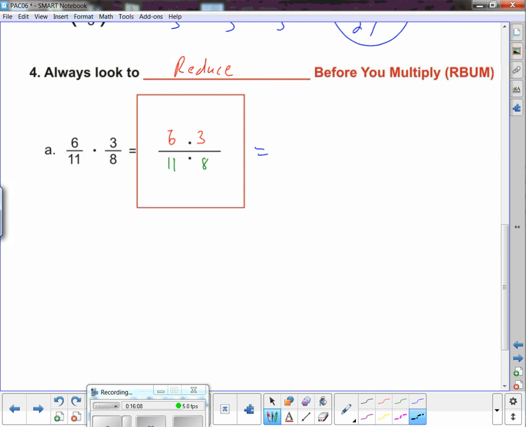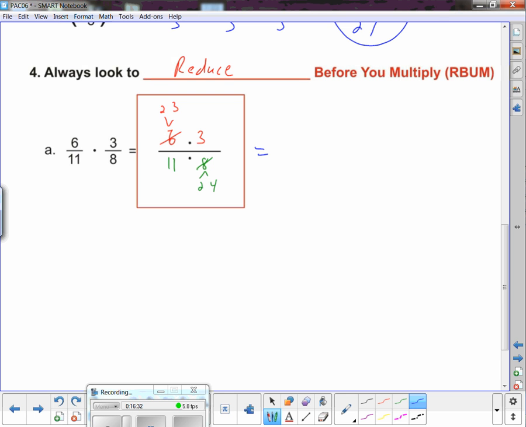So, on this step, we're going to reduce. And clearly, a 6 is a 2 times 3, and an 8 is a 2 times 4. Now, we're used to factoring a number and crossing it out. Here's the reality: any top number can divide with any bottom number.